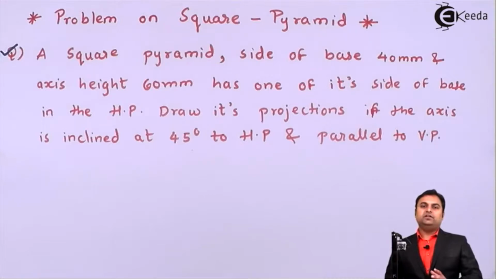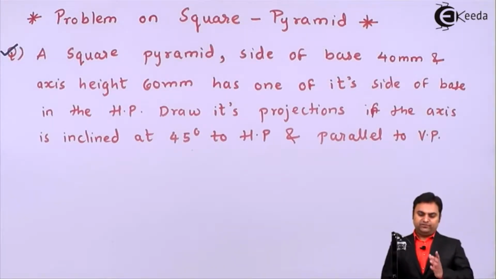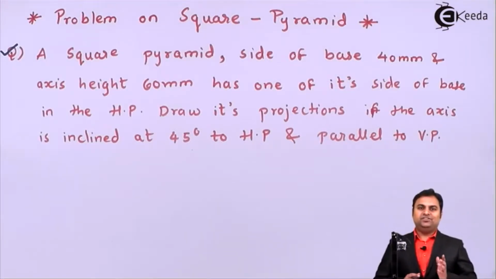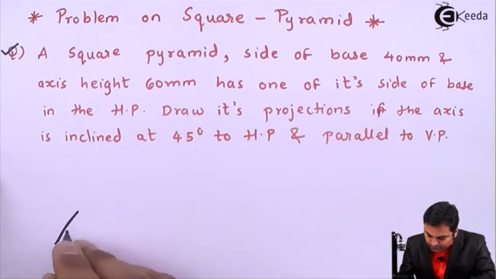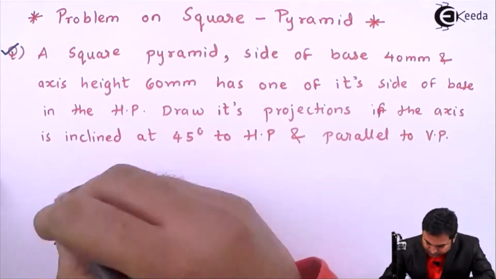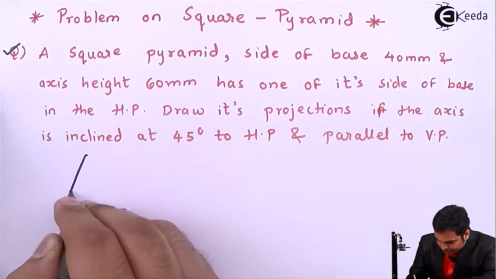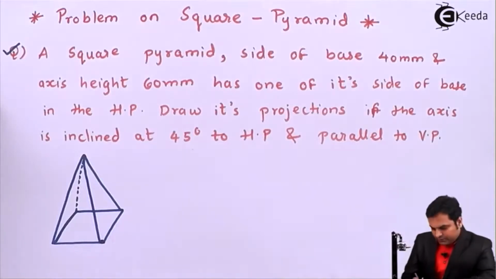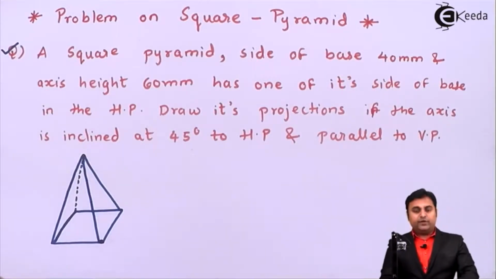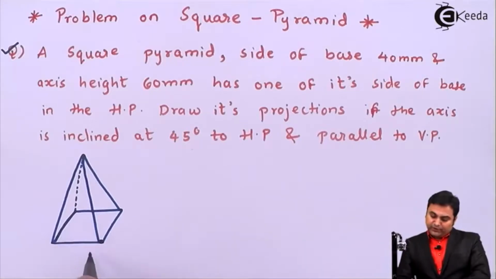By reading the question, the type of solid is understood that it is a square pyramid. So first I'll draw a rough diagram of a square pyramid and explain the initial conditions. Now, this is a square pyramid having a square at the base.